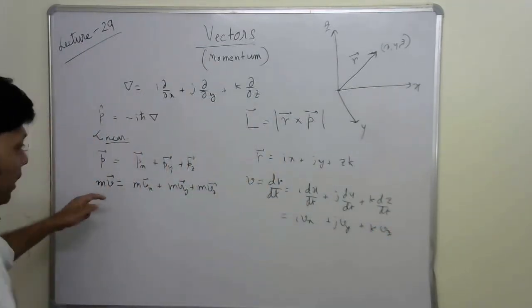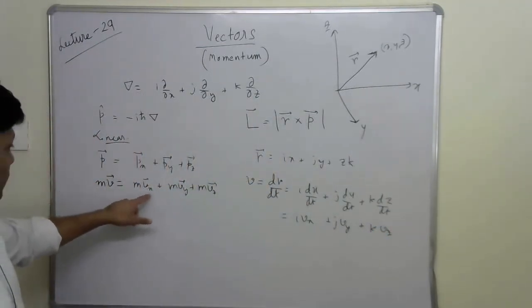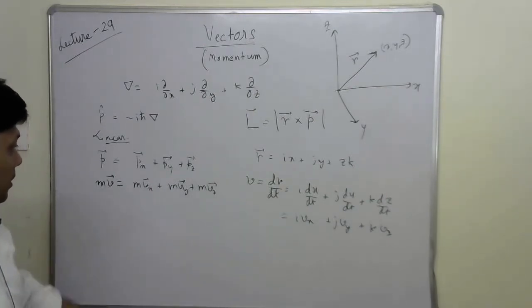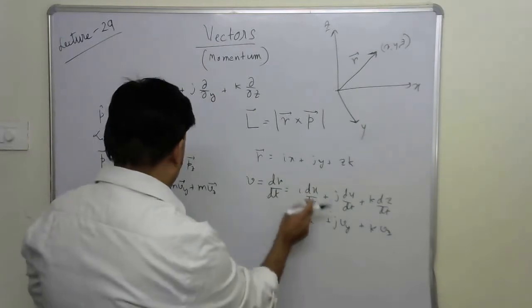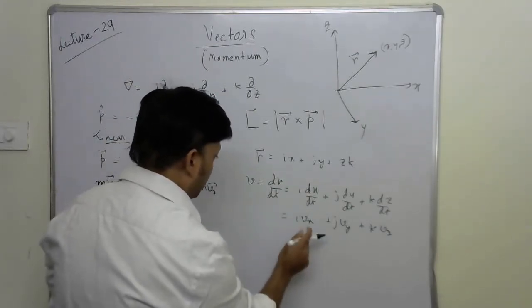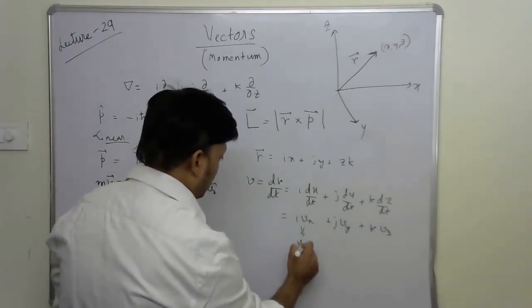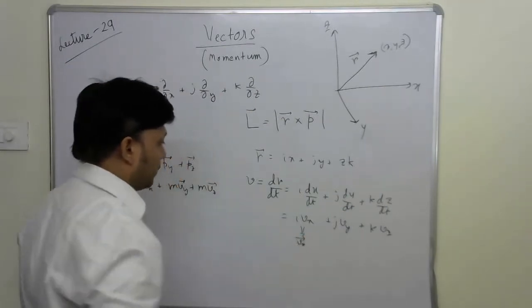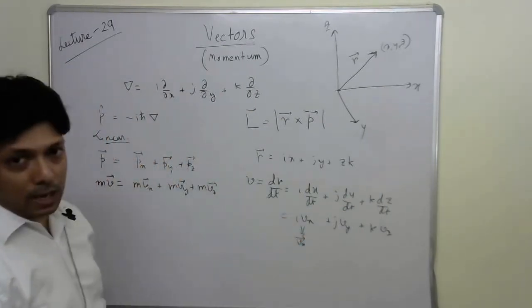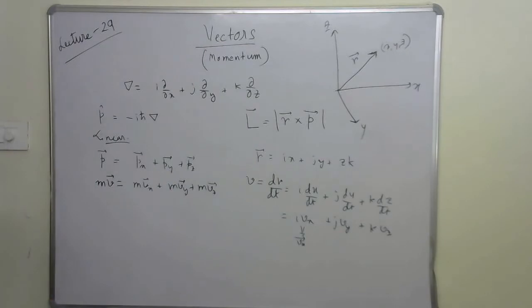So now we can identify these as Vx, Vy and Vz. Basically, we can think of that as the Vx vector, represented as i Vx.